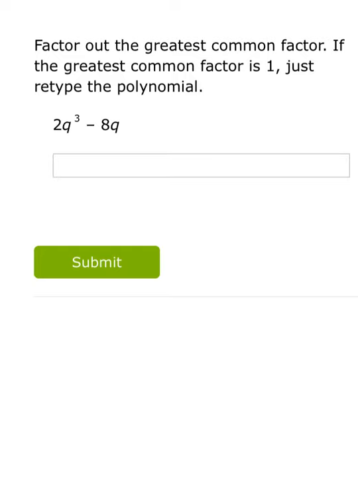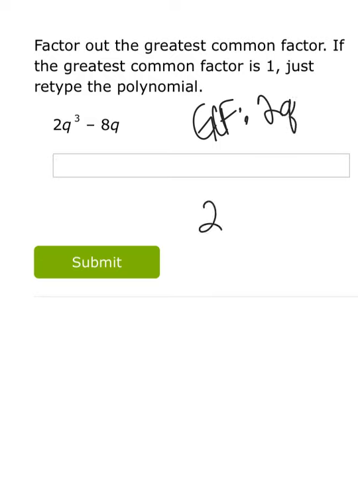So let's start with the coefficient. I want to find the greatest number that goes into 2 and negative 8. So I know that the greatest common factor, I'm just going to abbreviate with GCF, would have to be 2, and then they each have a q.